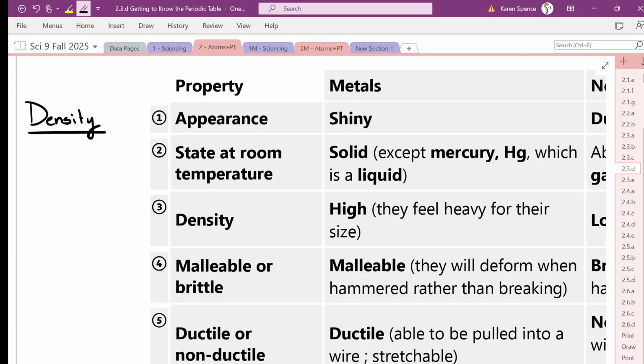Okay, so yeah. Density is the amount of mass in a given size of matter. The amount of mass in a given volume.